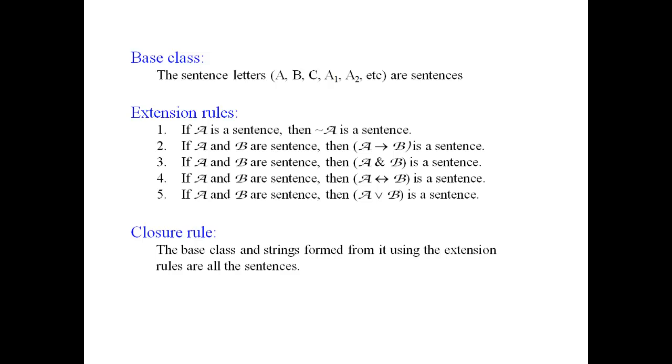And that still is a legitimate extension of the class. So we've got 5 rules, one for each of our connectives, that says that you can build on your base class using that connective. And then your closure rule just says that the base class and strings formed from it using the extension rules are all sentences.